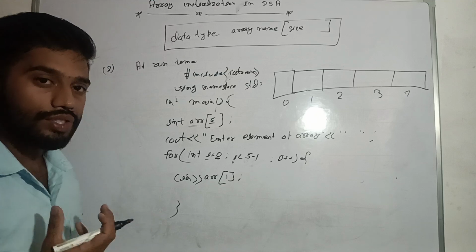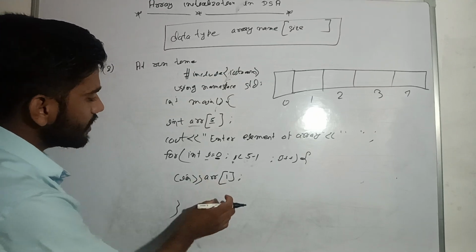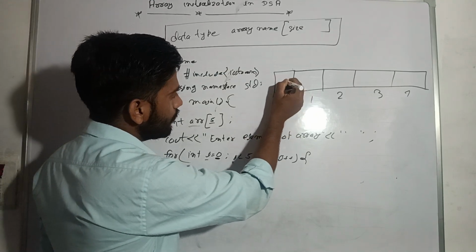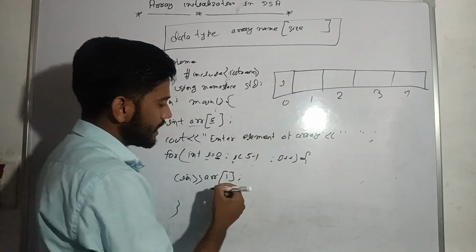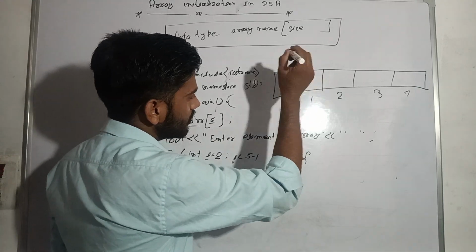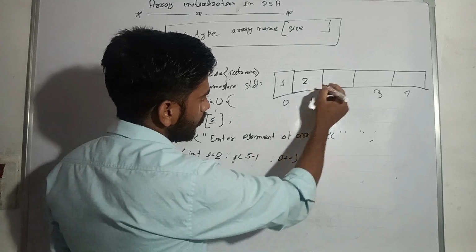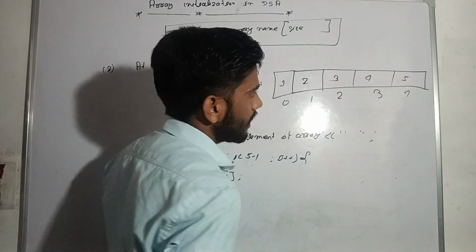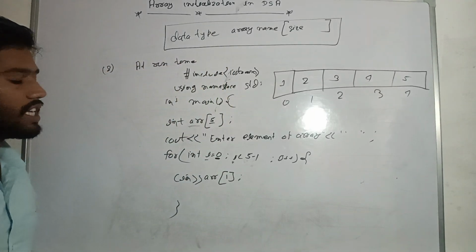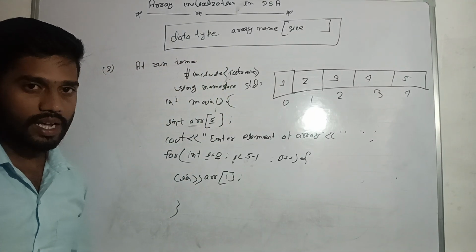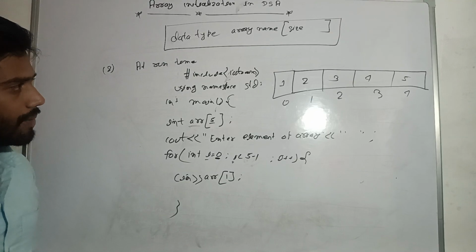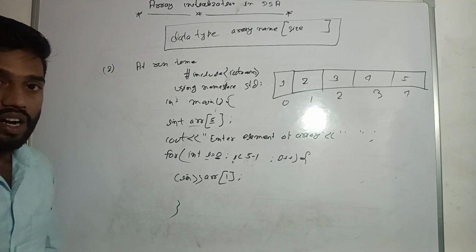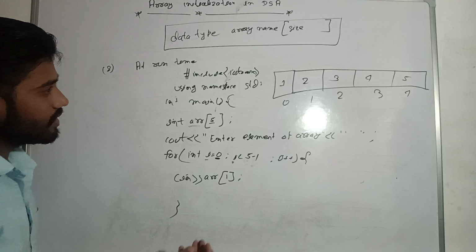Suppose that at the first iteration the user has entered 1, and on the second iteration the user enters 2, again 3, 4, 5.